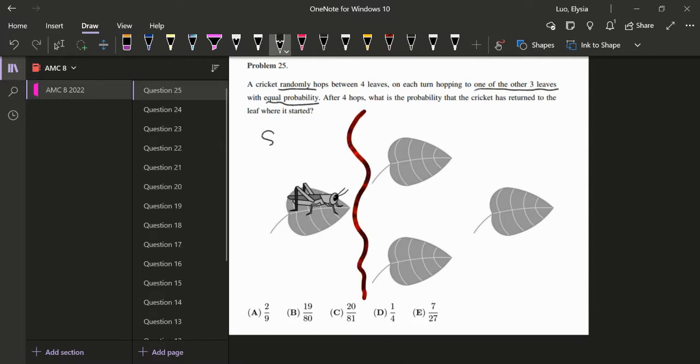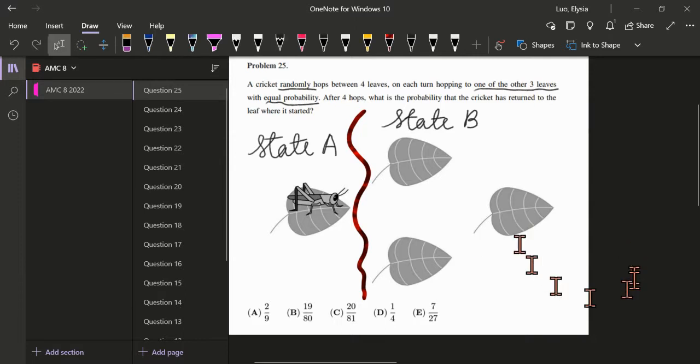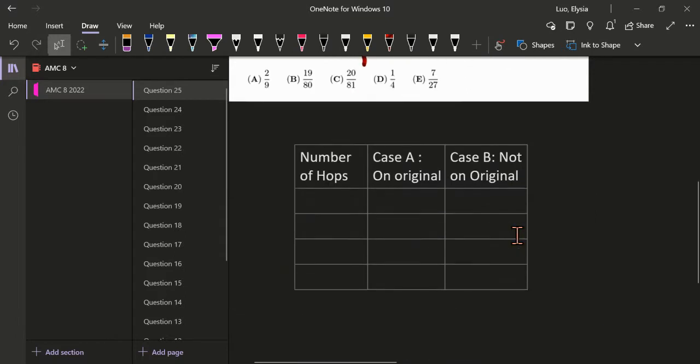This is state A, and this is state B. So state A is where we want the cricket to be, hypothetically for this question, and state B is the other 3 leaves where it's not going to count towards the probability of whether it's going to land on the original leaf. So what we can do is we can make a table.